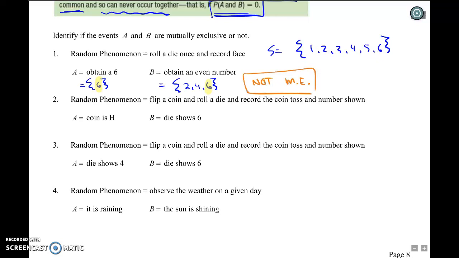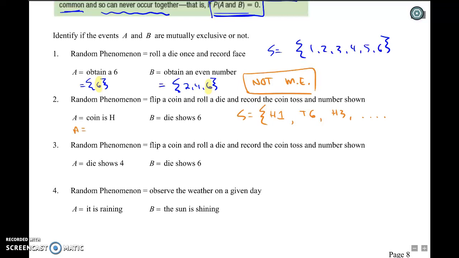Random phenomenon: flip a coin and roll a die and record the coin toss and number shown. The sample space would look like the coin toss and the number shown, so it'd be like head 1 or tail 6 or head 3, on and on. That's what I'm recording.